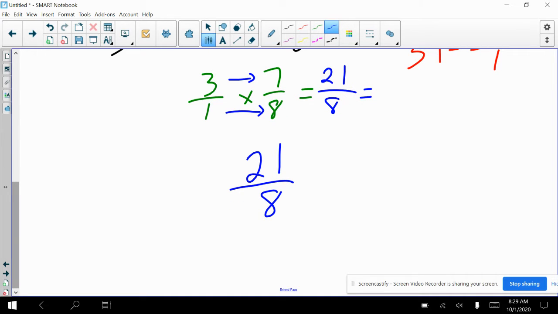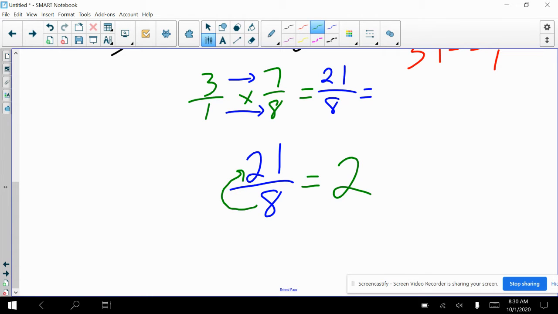Here's what you have to do. You have to see how many 8s, your denominator, go into 21 without going over. You can't go over because then you've got more wholes than you do pieces. How many times does 8 go into 21 without going over? 2.